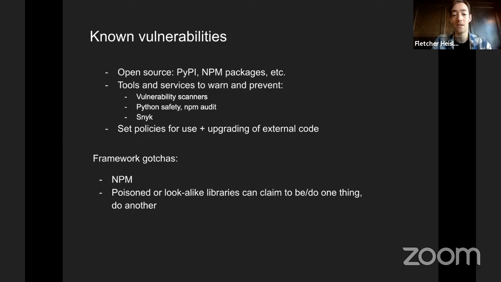Another thing that can happen is lookalike libraries. Similar to if I tried to get google.co, or probably not that one at this point, but something similar, someone might say, oh, this is express-rate-limit, except there's rate-limit one word, and it does something that looks like the right thing, but it also steals a bunch of user data.